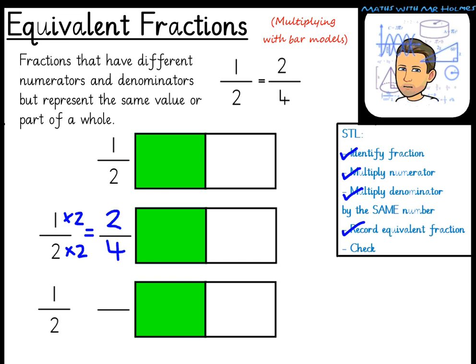To show that in a bar model, we have doubled the numerator and the denominator, so we have twice as many pieces. So we'll split each piece in half.